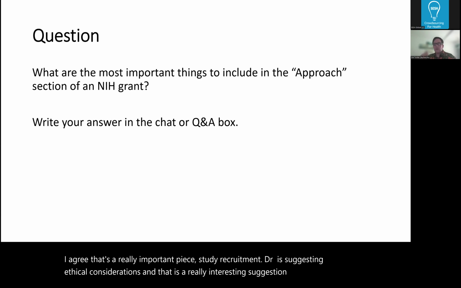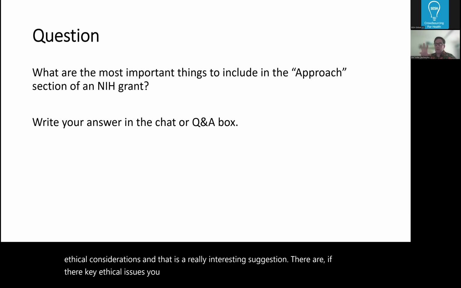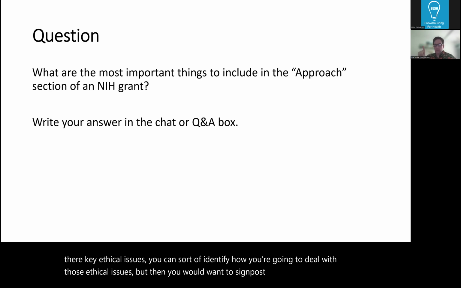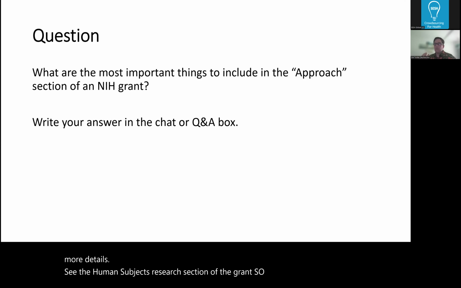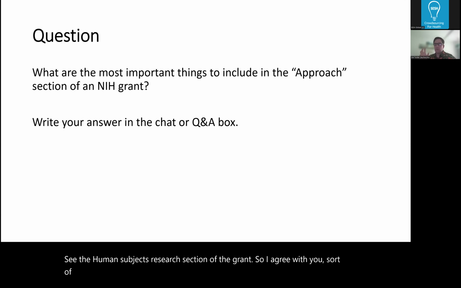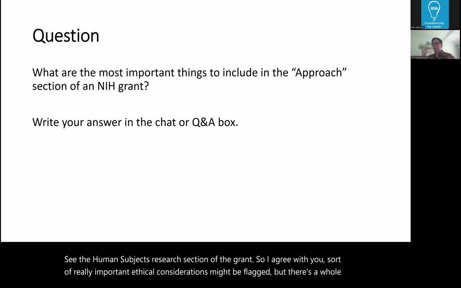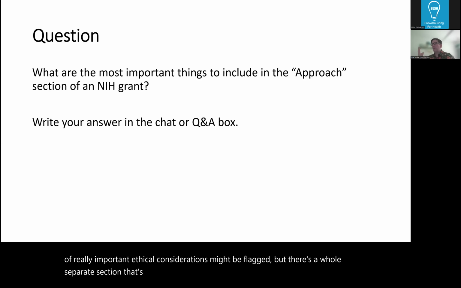If there are key ethical issues, you can identify how you're going to deal with those, but then you would want to signpost and say, for more details, see the human subjects research section of the grant. So I agree with you, really important ethical considerations might be flagged, but there's a whole separate section on ethics and which IRBs would review the protocol, those kinds of things.